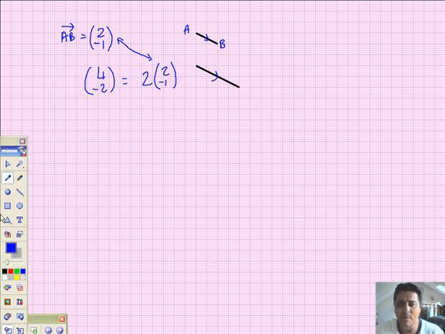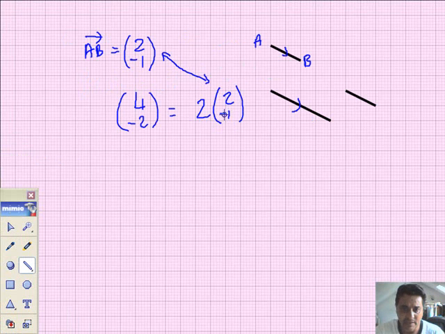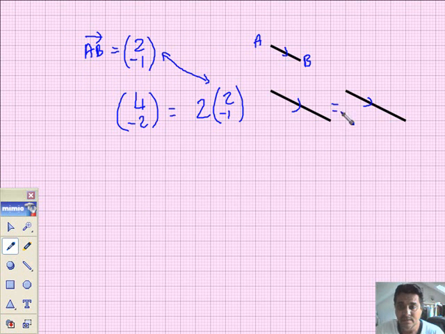I could of course prove it better by going 2 across and 1 down. There's (2, -1). Then carrying on where I left off, 2 across and 1 down, and I end up with exactly the same thing as (4, -2). So this definitely works. They're equal, and that's great. So I've shown by little vector diagrams that (4, -2) is totally parallel to (2, -1). What about the next one?